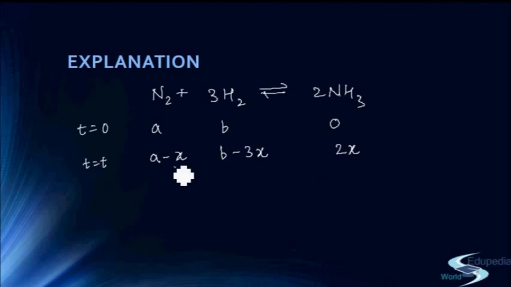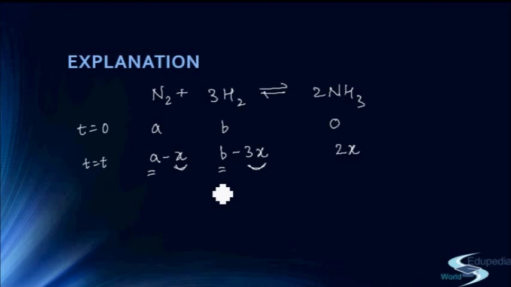So here the consumptions are x and 3x of reactants and the initial moles are also different. So how do I calculate alpha? Won't I get a different value of alpha for different reactants? And if I am getting different values, how do I define one particular value as the degree of dissociation of my complete reaction? It's pretty simple.